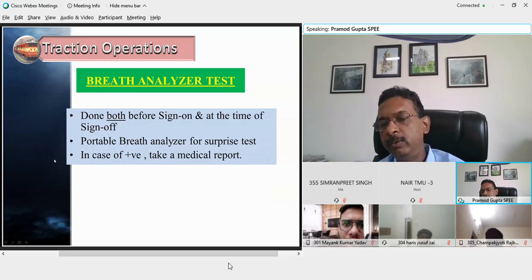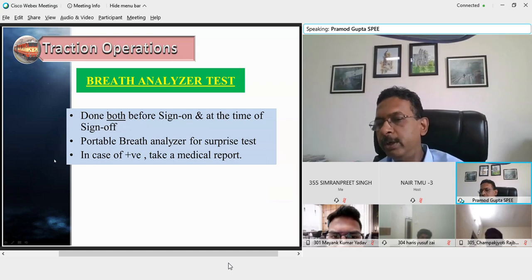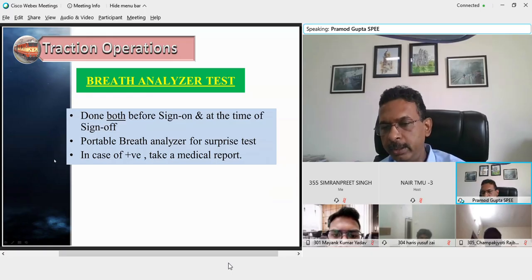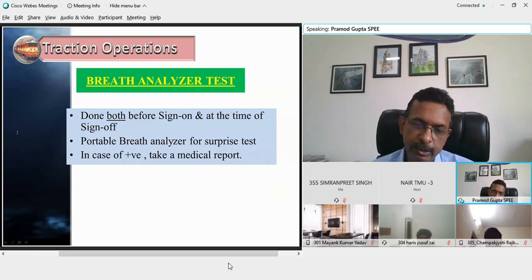Therefore, we ask them to go for the medical test in which they have to give their blood sample, and the blood sample is tested in the authorized lab, and the report is now made available to us for taking the necessary action. So after introduction of the surprise test by portable breath analyzer, and after introducing the medical test, in case a loco pilot gets tested positive, the incidences have almost become zero now.